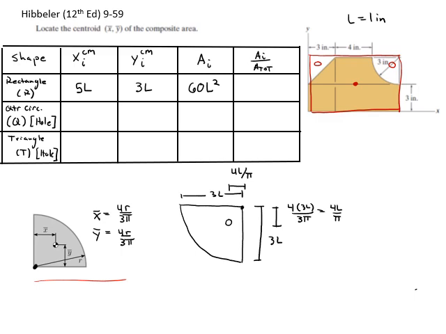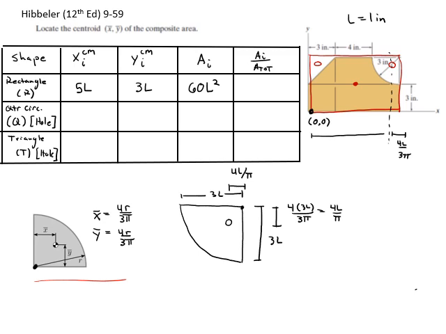Okay? Now what we need to enter into the table is the coordinates of the center of mass of that thing measured from the origin down here in the lower left corner. So how do I get there? I need to go all the way to the edge of the rectangle, but stop short by a distance of 4L over pi.